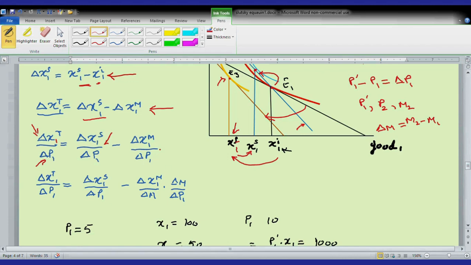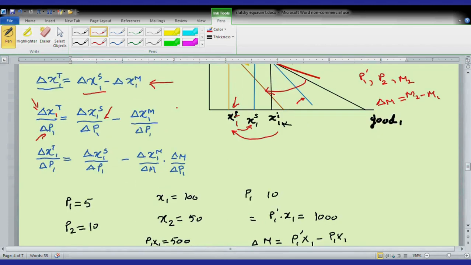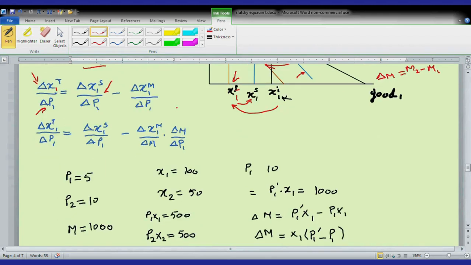And as I was pointing out earlier, the Slutsky equation is nothing more than the expression or decomposition of the price effect into income and substitution effect in terms of per unit price change of a commodity, in this case commodity 1.